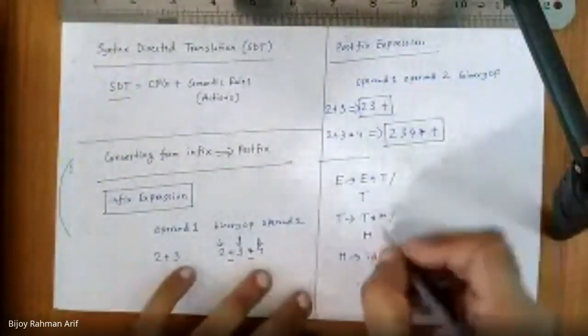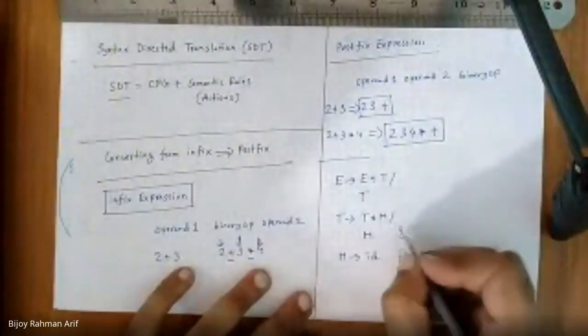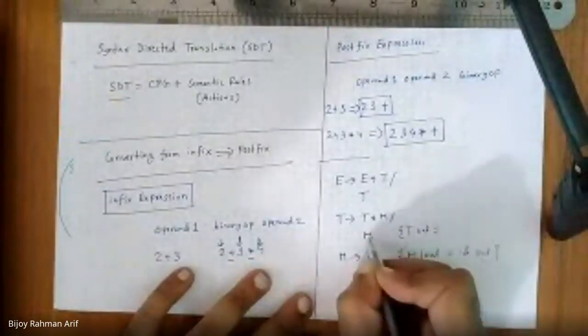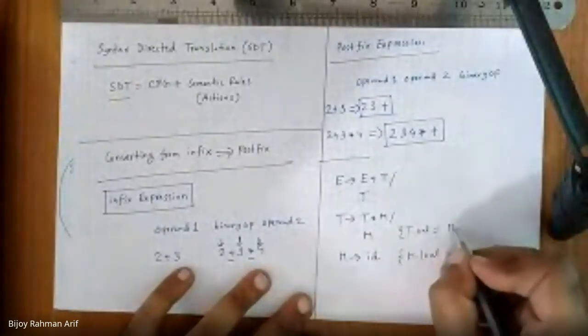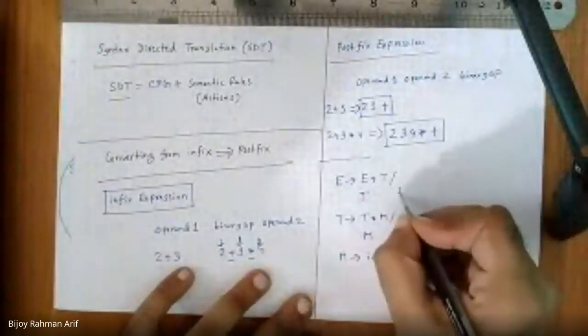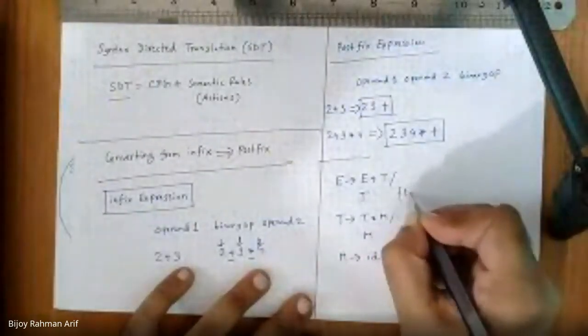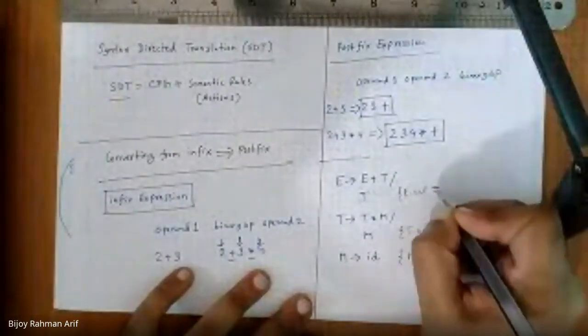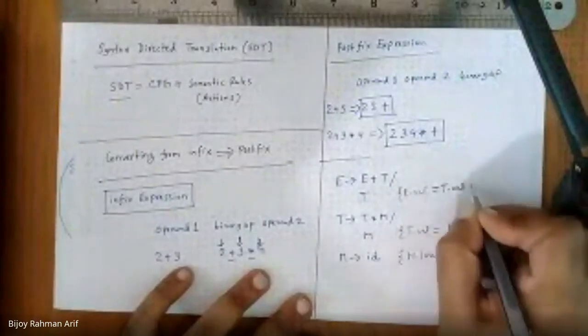This one is also very easy. T dot val, we are just passing the M value to T value. And E dot val is nothing but T dot val. This one is easy.